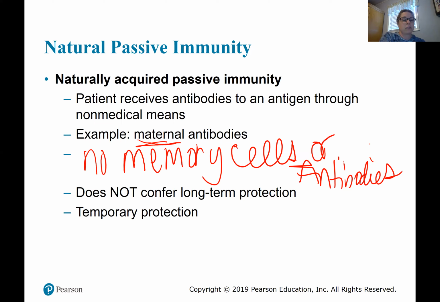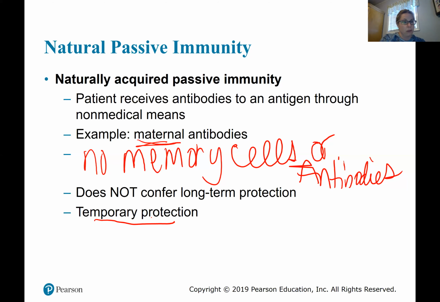After those antibodies have all been broken down by the body, you have no protection. Say mom is nursing the baby and she's providing antibodies through the milk. Once those antibodies break down, there's no longer protection. It temporarily protects the baby. Say mom gets the flu, she starts producing antibodies and passes those on in the milk. That will be protective to the baby, but it's not going to protect the baby 6 months from now after it stops nursing.